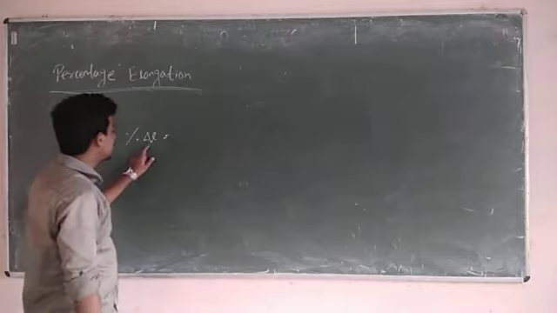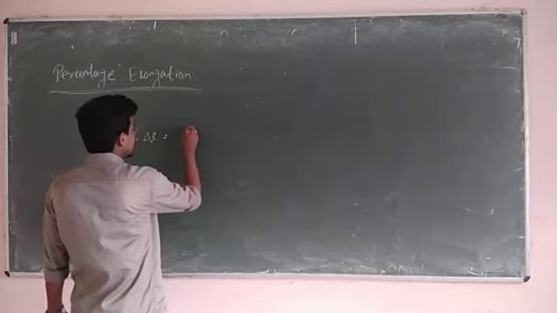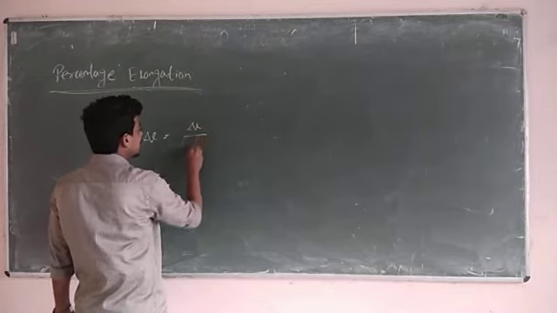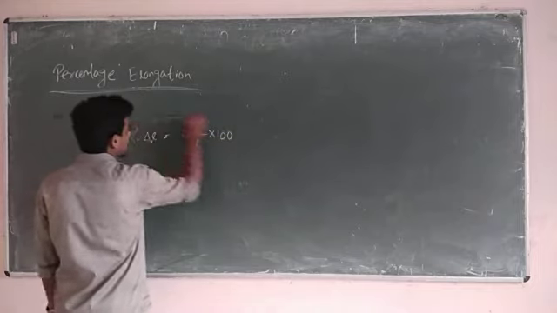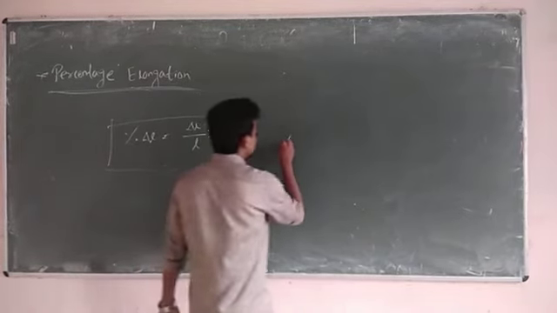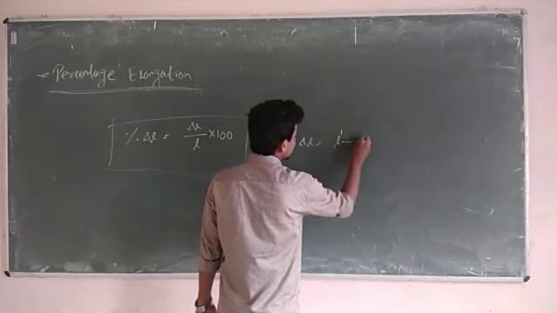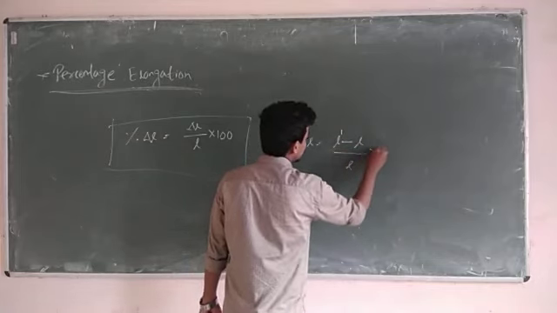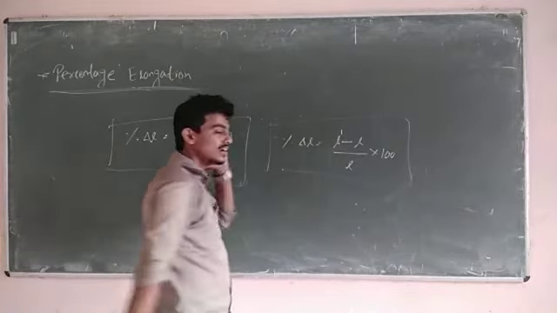Then you can use the formula: the elongation value by original length into 100. Otherwise, this can be modified as the extended length by original length into 100. Whatever you wish, you can use in the formula.